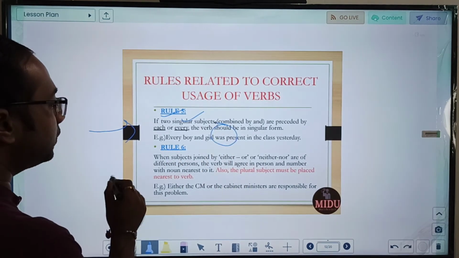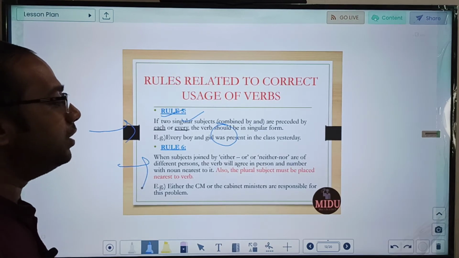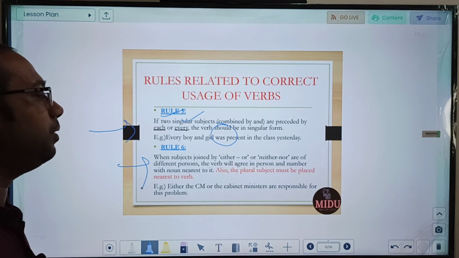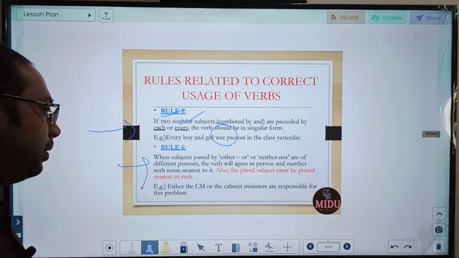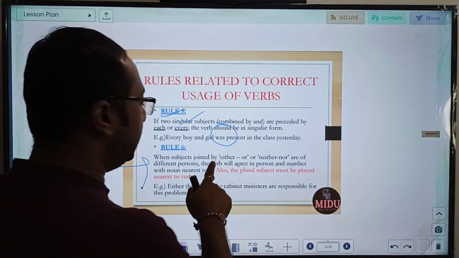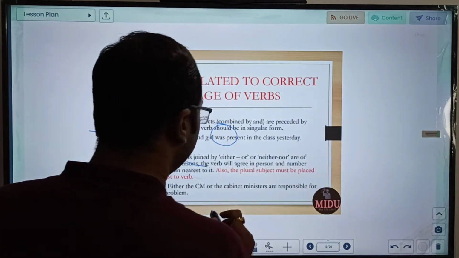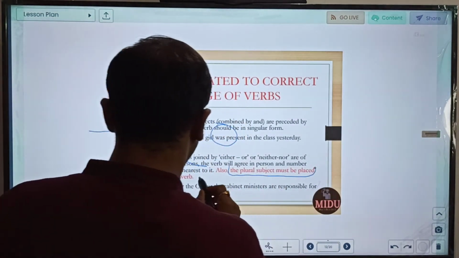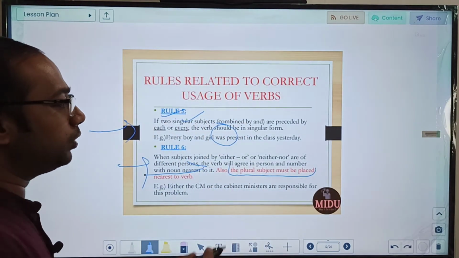Rule number 6: when subjects joined by either-or, neither-nor are of different persons, the verb will agree in person and number with the noun nearest to it. So just remember, in case of either-or, neither-nor, nearest to it. And also as a rule, the plural subject must be placed nearest to the verb. This is very important.